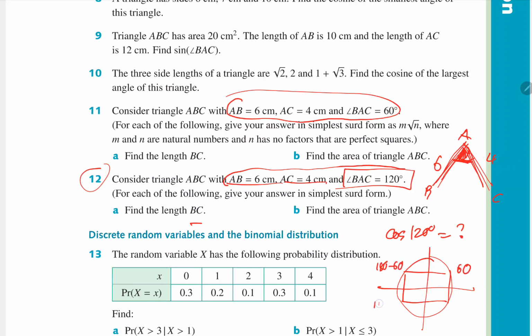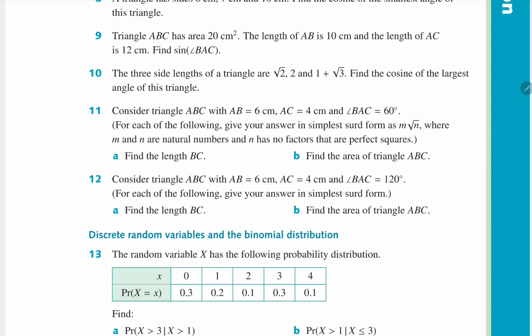Because it'll be 60, and this is 180 plus 60, and this is 360 minus 60, or pi minus alpha, pi plus alpha, and 2 pi minus alpha. So 120 is essentially 180 minus 60, which means in the symmetry angles it will be this one here. Okay, and cos of that, is it positive or negative?